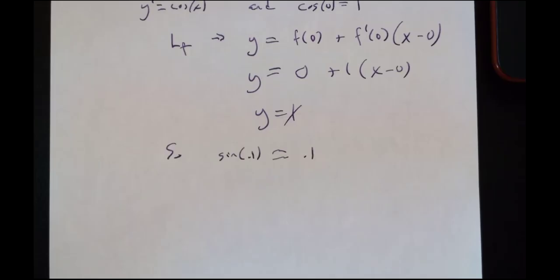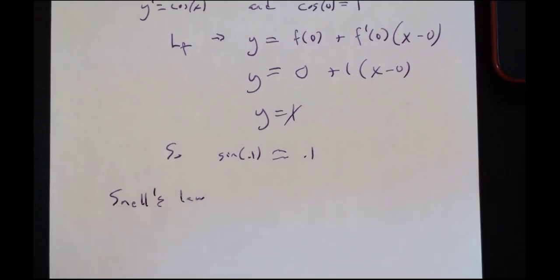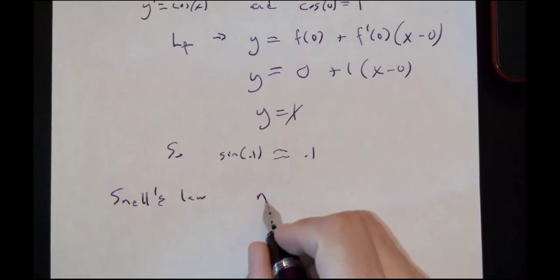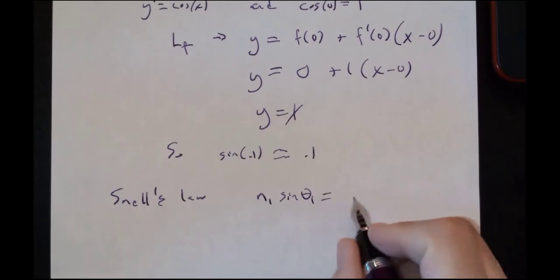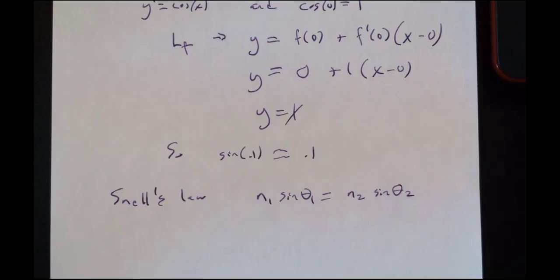Somebody tell me Snell's law. Where these numbers and variables mean what? What's n1? What's n2? What's theta 1? What's theta 2?